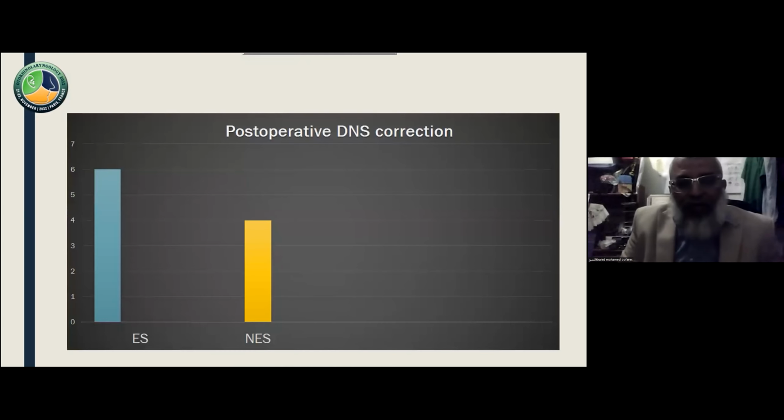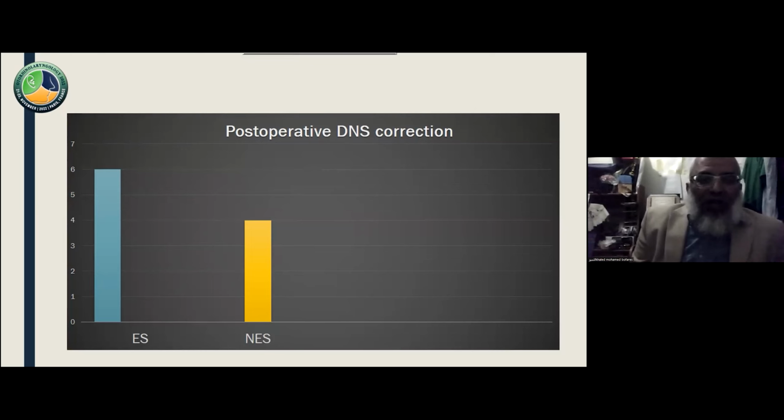As we can illustrate from this bar chart, endoscopic septoplasty creates more chance for postoperative correction of the deviation as compared to the conventional technique. This can simply be explained by the fact that in endoscopic septoplasty, the surgical field is completely visualized.